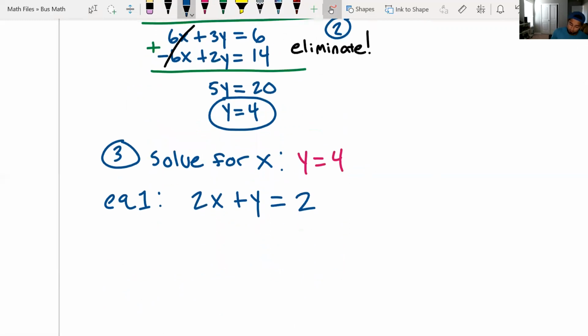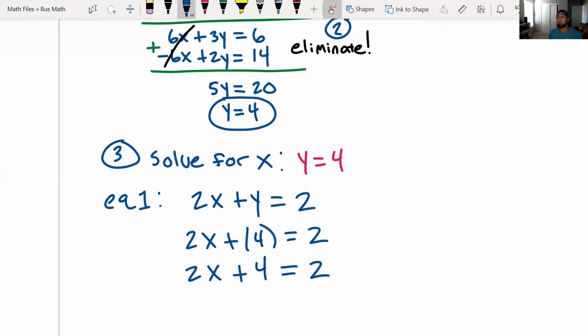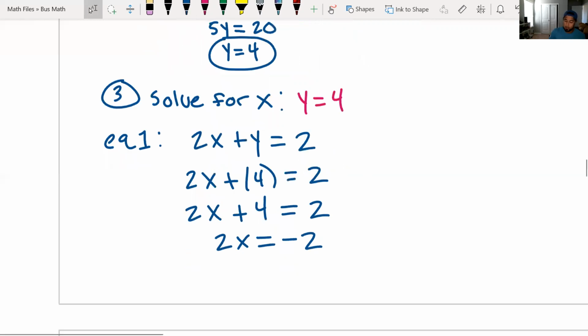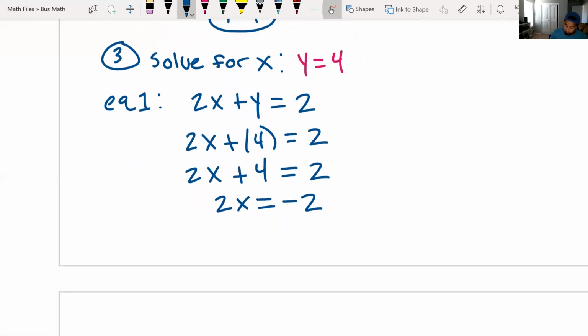And now I'll plug it in. 2x plus 4 equal to 2. Which is still 2x plus 4 equal to 2. If I subtract the 4 over, I get 2x equals negative 2. Divide by 2, and x equals negative 1.